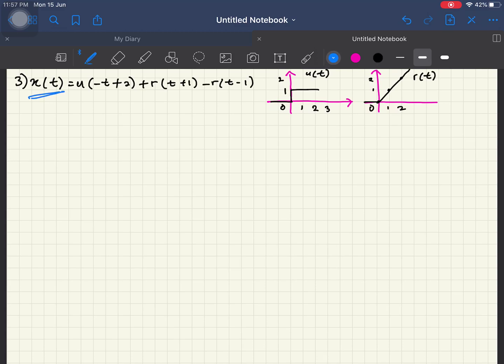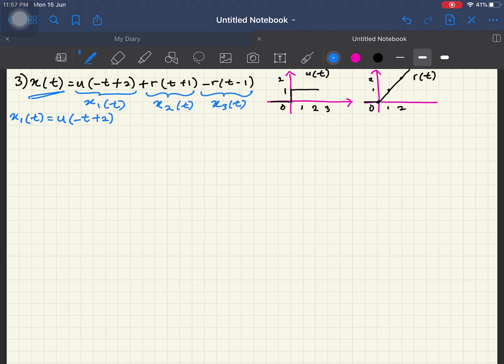In order to do that, first you have to sketch these individual signals. Let's call them x1 of t, x2 of t, and x3 of t. The first one, x1 of t, is equal to u of minus t plus 2.